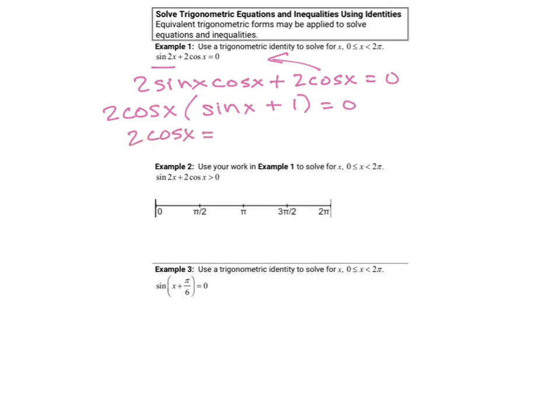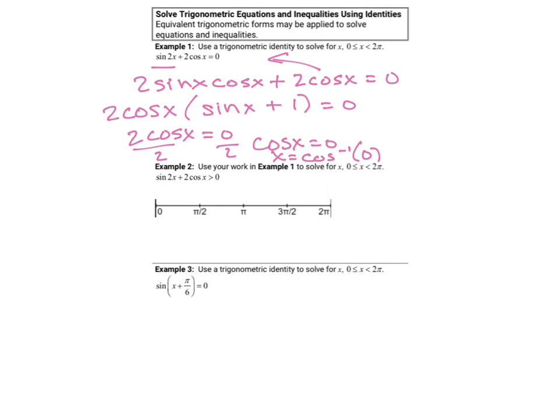So 2 cosine x equals 0. Divide by 2 on both sides, and we're left with cosine x equals 0, so x is cosine inverse of 0, which asks the question, what is the angle where cosine is 0?